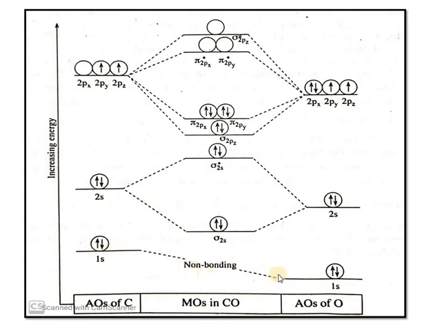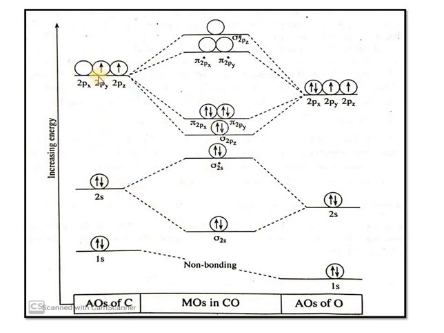First, the 1s orbitals of carbon and oxygen are non-bonding orbitals, which do not take part in the formation of the molecule. But the 2s orbitals of carbon and oxygen can combine to give the molecular orbitals sigma 2s and sigma star 2s.